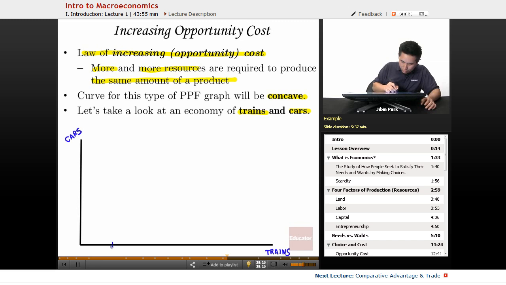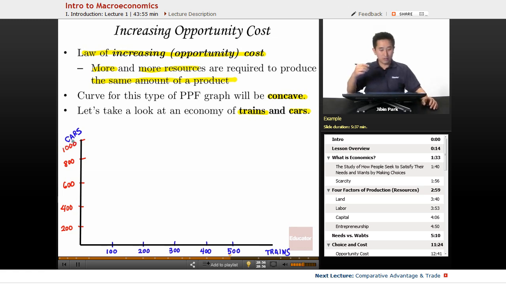So let's use this example, 100, 200, 300, 400, 500 for trains, and let's use cars here: 200, 400, 600, 800, and 1,000.